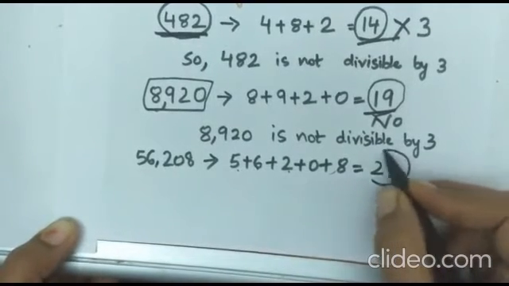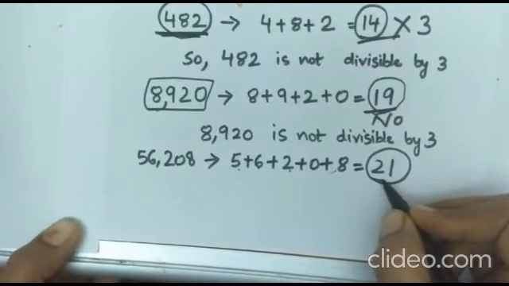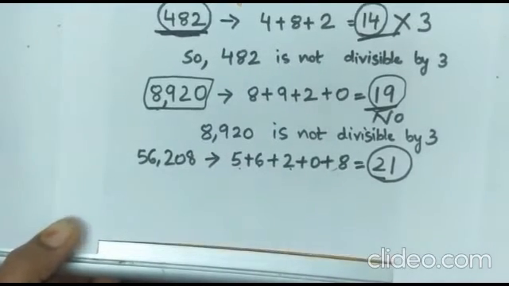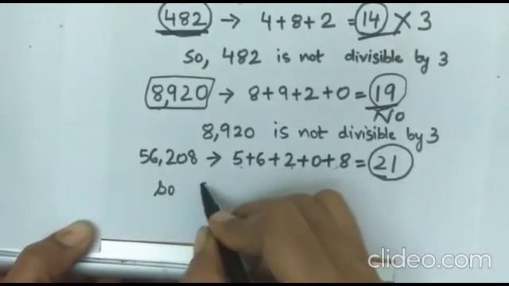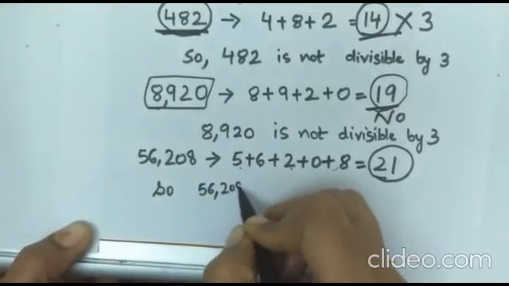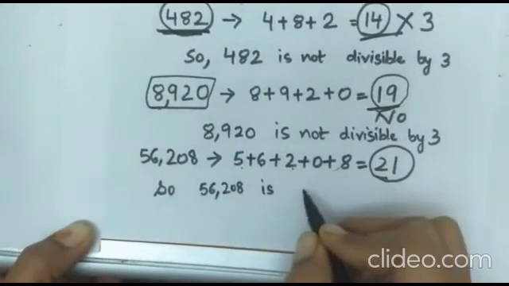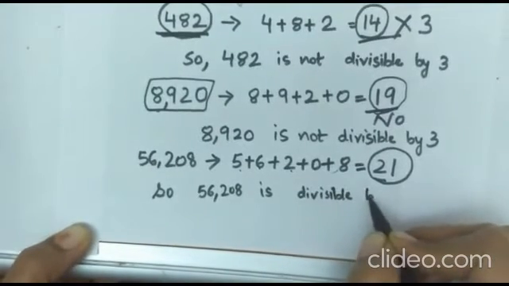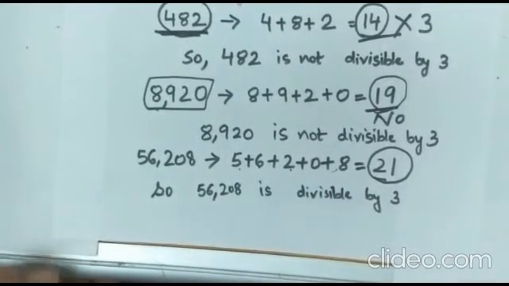Now 21 is divisible by 3 because 3 into 7 is 21, means 21 comes in the table of 3. So the whole number is divisible by 3. Clear, children? Now let us move ahead.